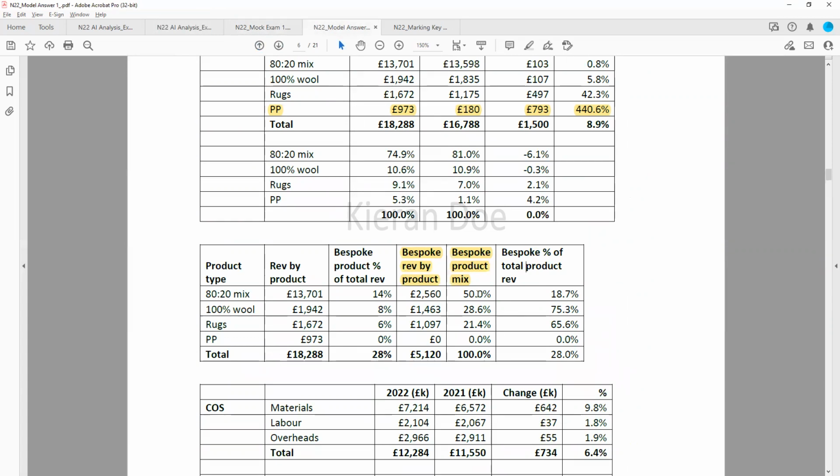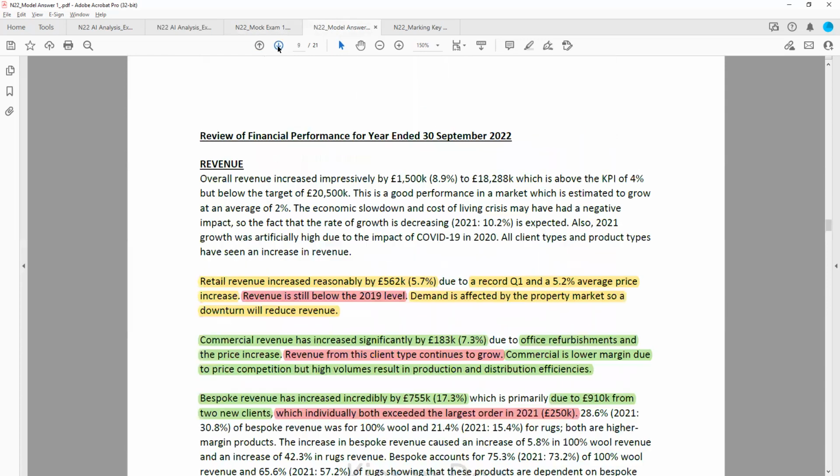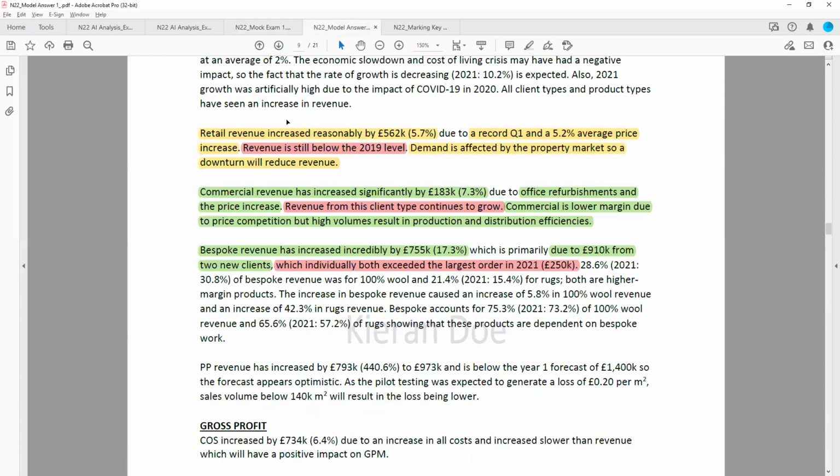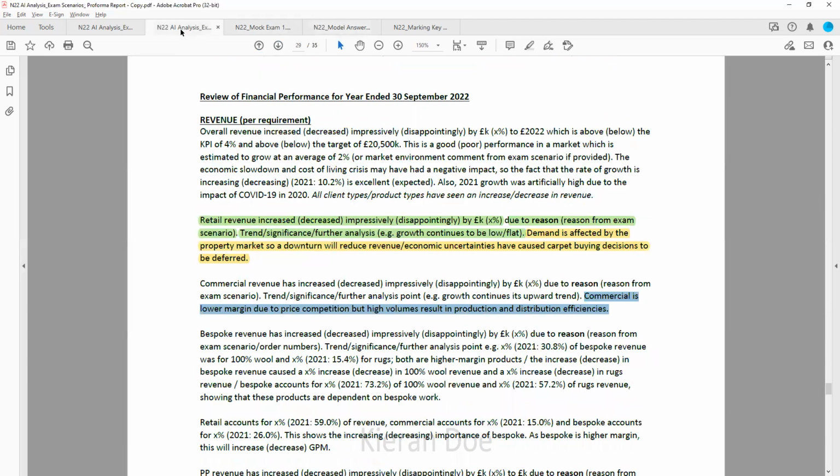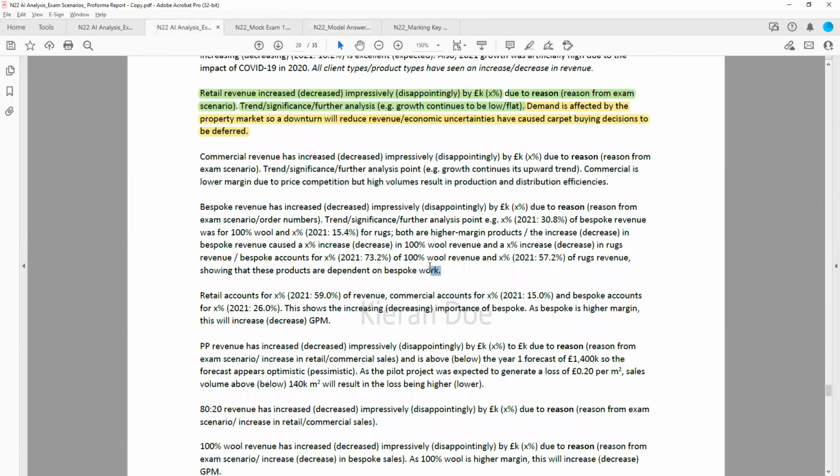So you can see here how that had changed year on year, and we could bring that into our answer. And this was something that we said in the AI class would be good to look at for bespoke. And this is a classic example of a further analysis point because we can do some further analysis on those numbers, and then we could see how the percentage of bespoke sales by product had changed.